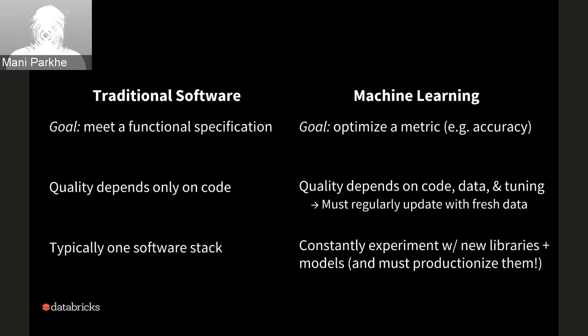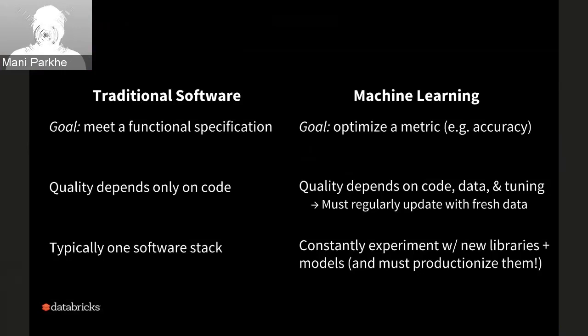And the third thing I want to talk about is in traditional software, you develop off of a common software stack, something that the team is flexible with, has worked with in the past, released different projects on. You're pretty well acquainted. Machine learning, on the other hand, you want to constantly experiment with newer libraries that keep coming out, different frameworks, new algorithms, various different types of models.